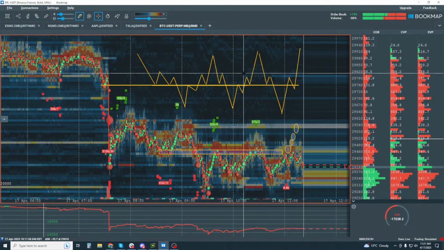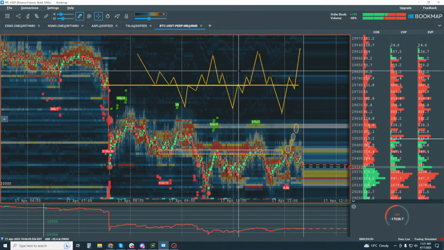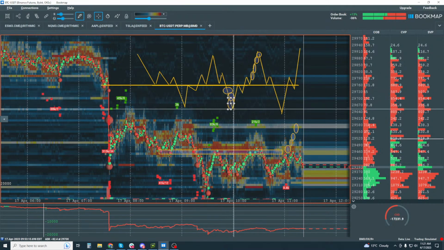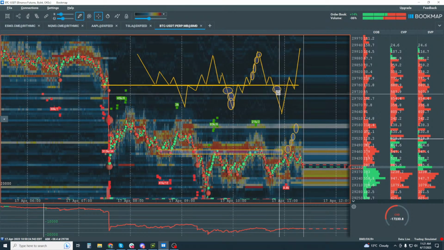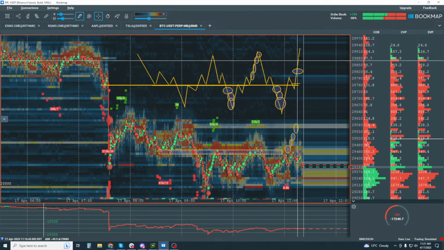And lots of volume too, trading in these areas up in here, and lots of volume here. Sellers in here, buyers in here, sellers in here, buyers in here.